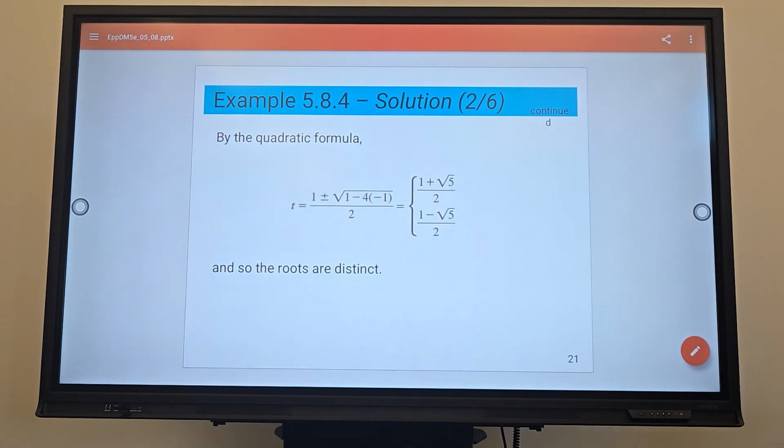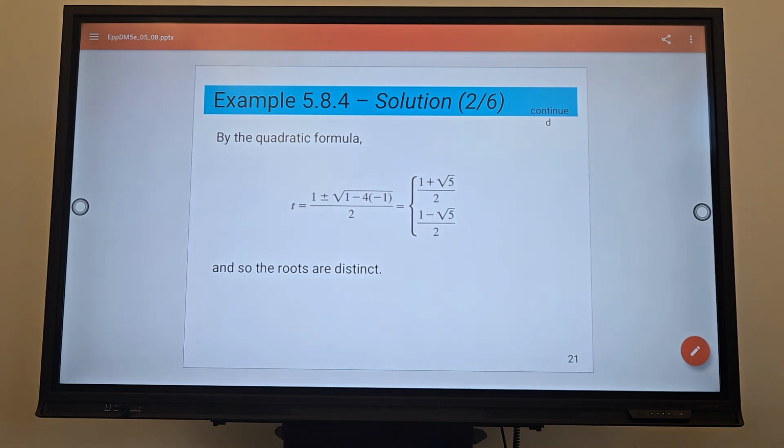Then, by the quadratic formula, t equals that expression, and the roots are distinct. So it's 1 plus the square root of 5 over 2, or 1 minus the square root of 5 over 2.